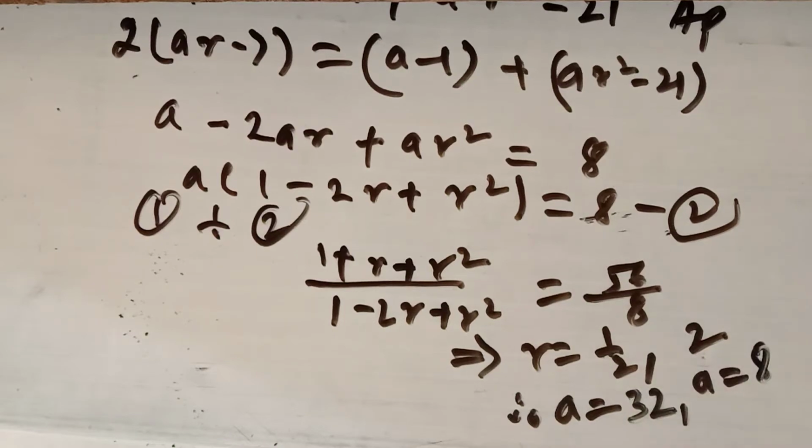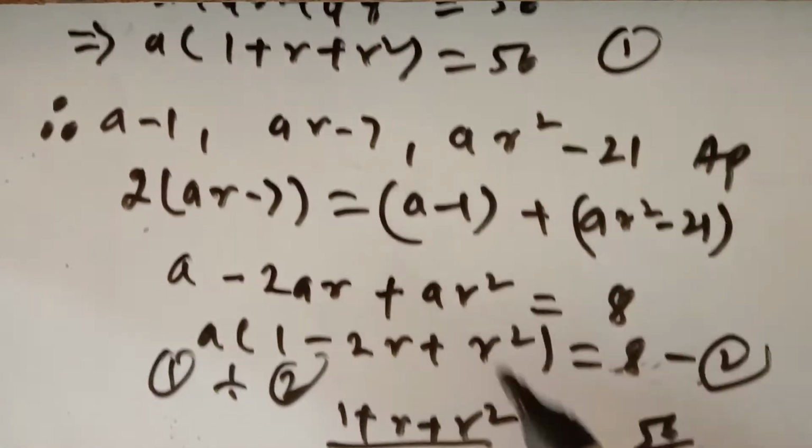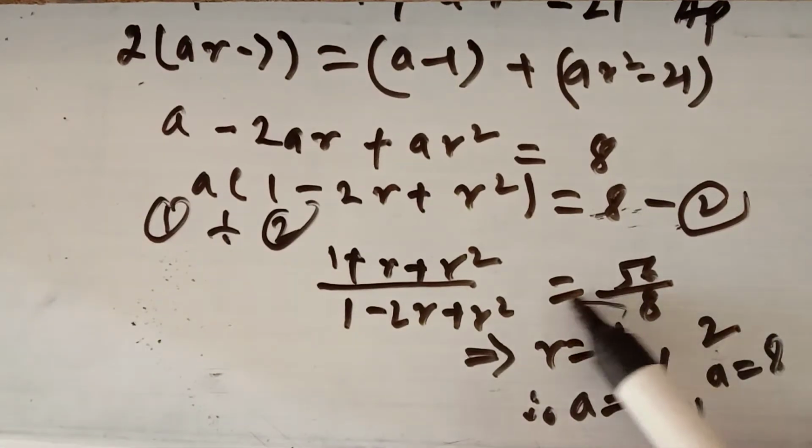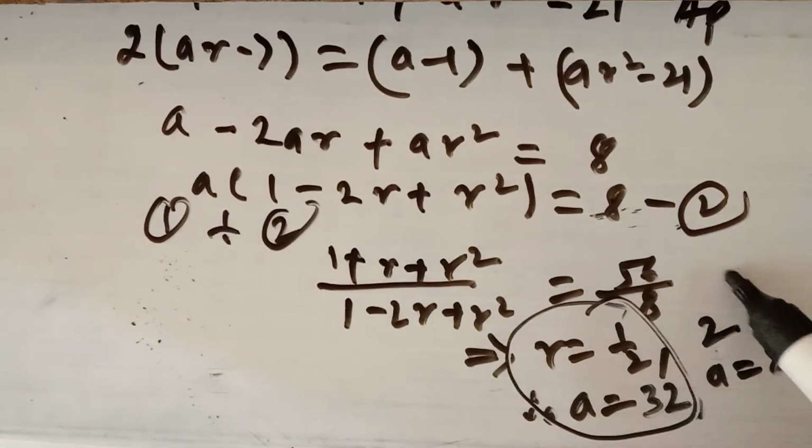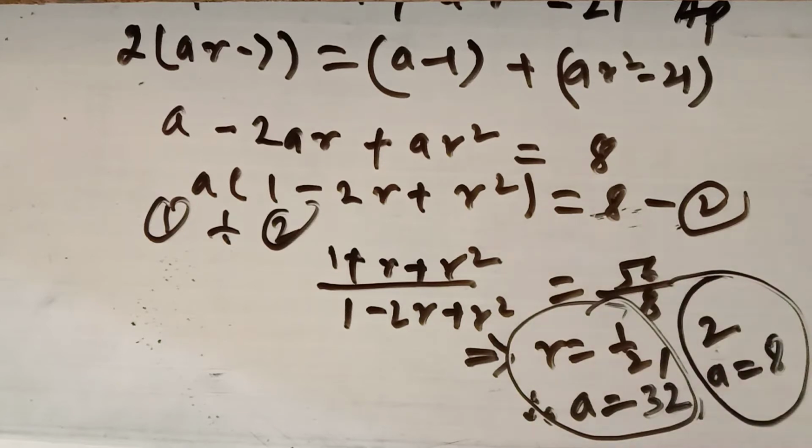Like this, you put these values of half and 2 in either 1 or 2, you are getting these pairs of R and A, and you'll get two sets of numbers.